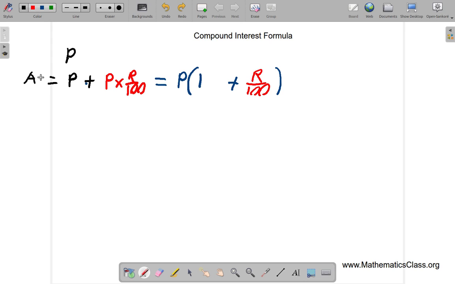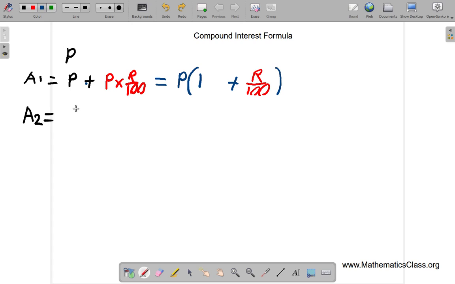Now, let's call that A1. The amount of money we have upon our second payment is how much? It's A2 is equal to, alright, how much money did we have just before the first payment was made?